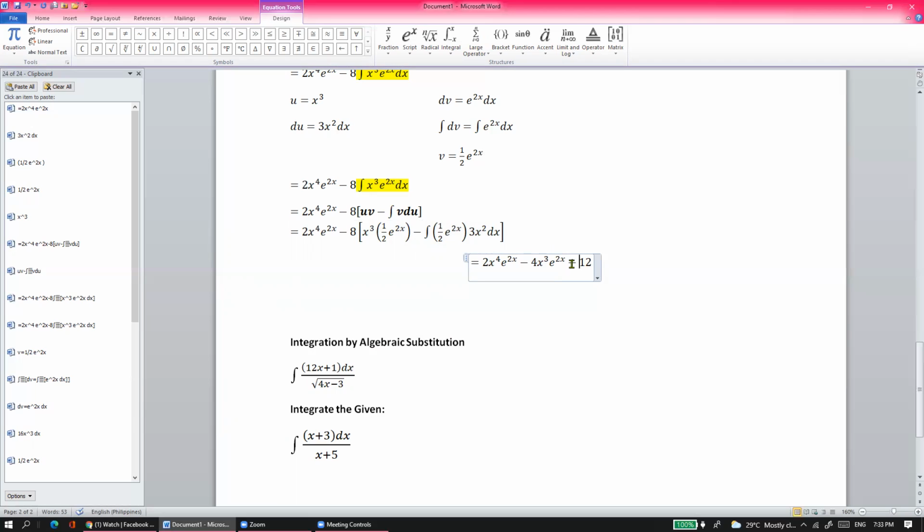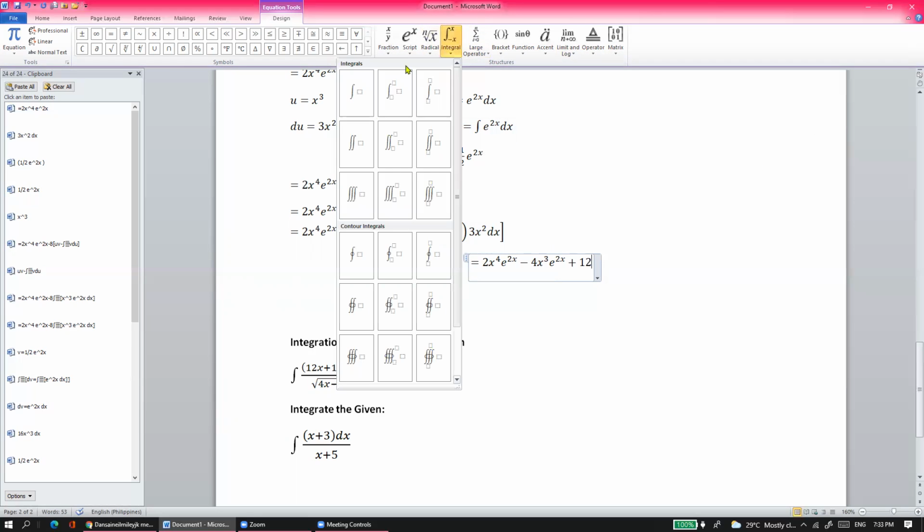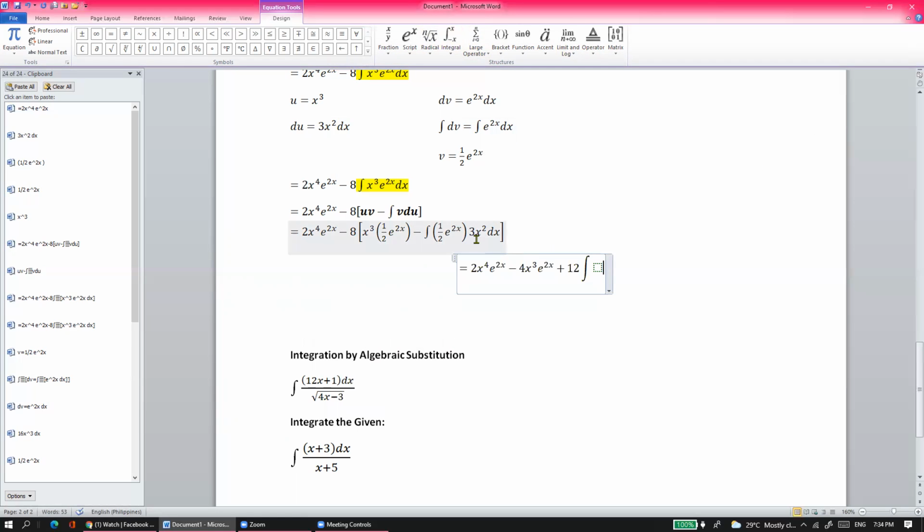Negative is positive. And then we have the integral symbol again. Solve ko siya dito. Integral. We have x squared e to the 2x. Ito na lang yung copy-paste ko. Palitan ko na lang, gawin ko na lang square yung 4. Ito siya.